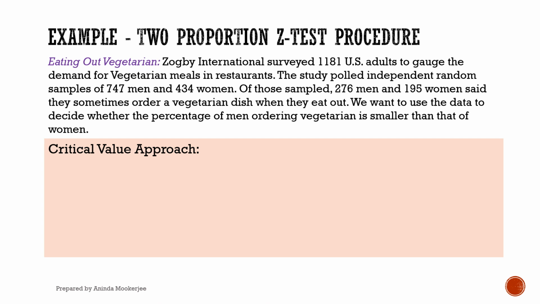Now let's perform the test using the critical value approach first. But before that, I'm going to write the z value of our test statistic, and let me use a different color.